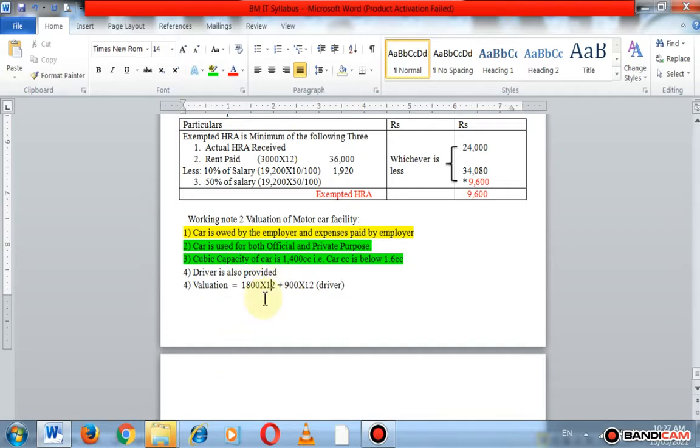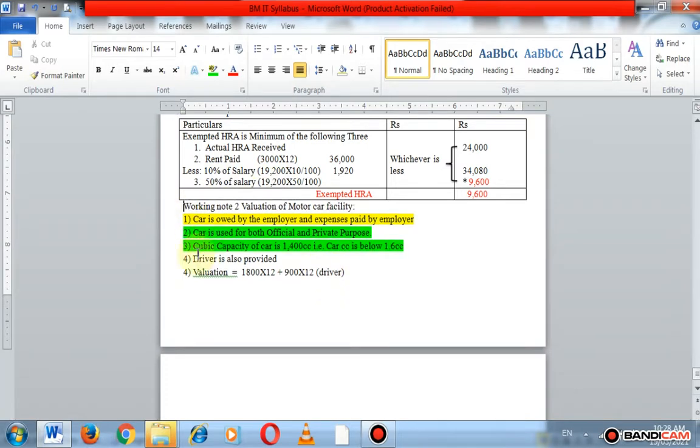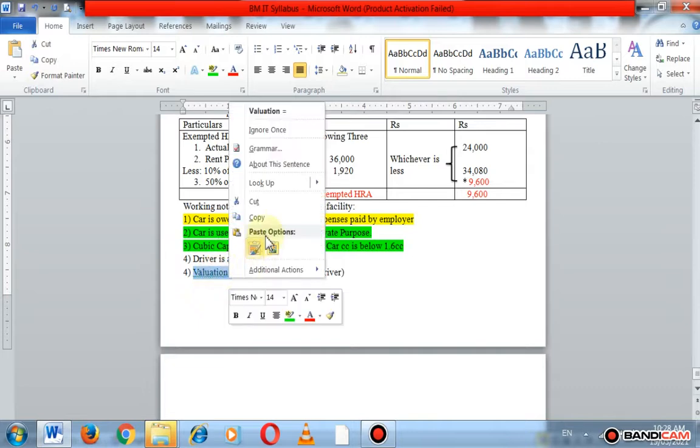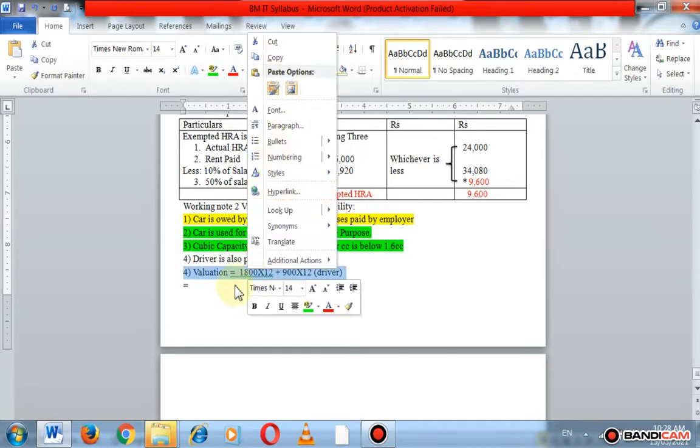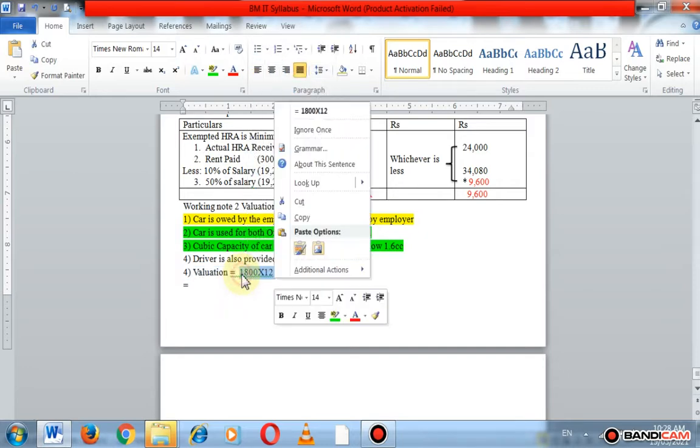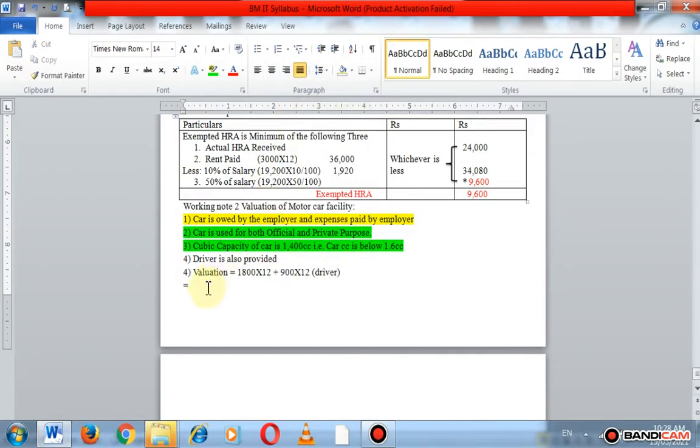So convert 1800 into yearly. The yearly value of motor car is 1800 per month plus 900 per month.